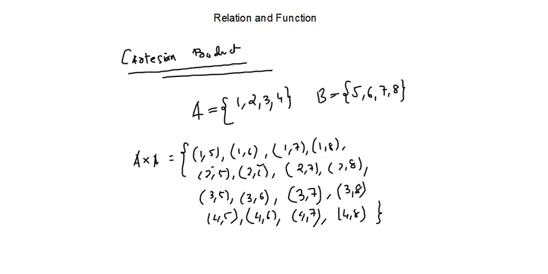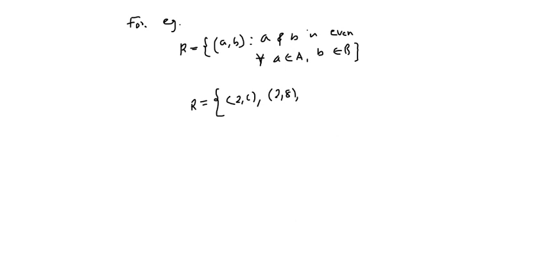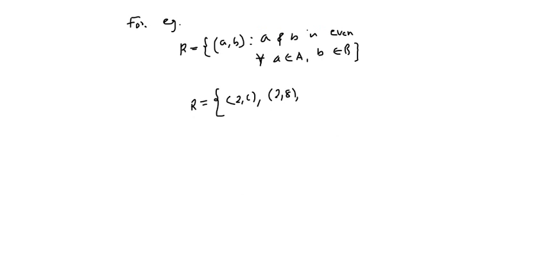We want the relation to say that both a and b are even, a is an element of A and b is an element of B. So in that case, I can see (4, 6) and (4, 8) will be there. So what do you see? Isn't R a subset of A cross B? You can clearly see R is a subset of A cross B. So this is the definition you have learned in class 11.